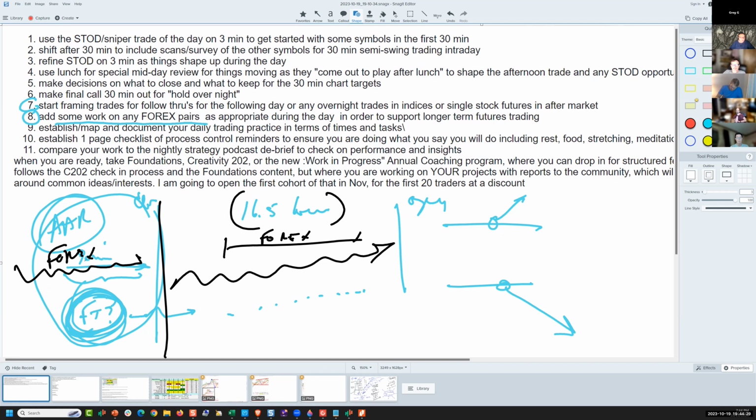There's only a couple forex pairs that I trade, but I might trade them, and that's part of the answer to the question of how do I decide what to trade. I only trade a little bit of forex, and I trade them all the time on the basis of support and resistance.